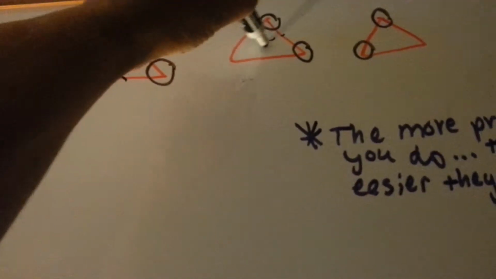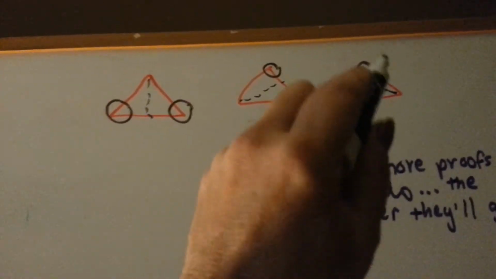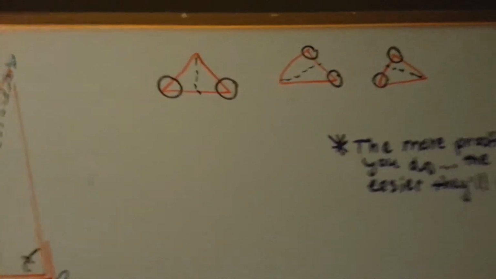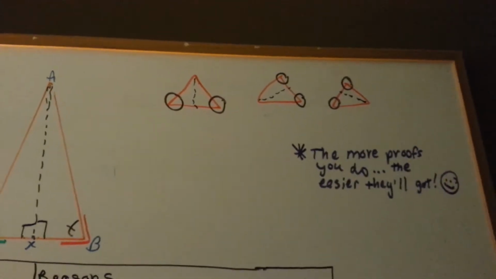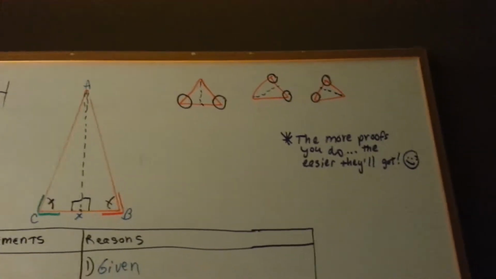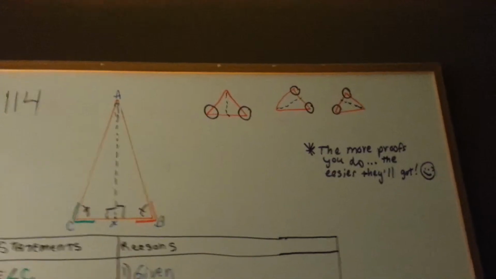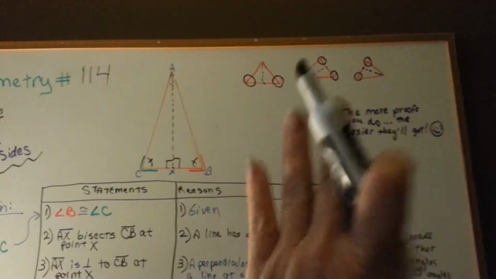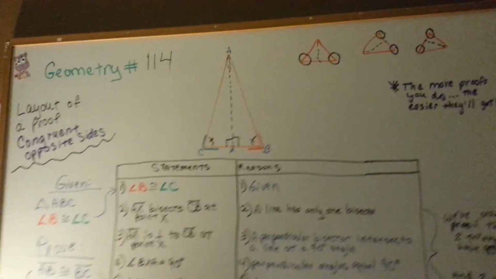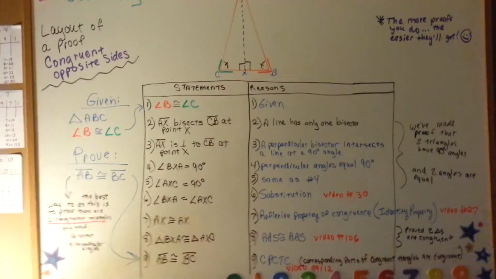And it doesn't matter where you're putting the bisector, as long as you're putting the bisector so that you can say, hey, there's two triangles, and I can use side angle side or angle side or one of those rules, or the corresponding parts of congruent triangles one, to prove that one side is equal to the other side, and you've created two triangles, and it makes it easier to do it. So that's the layout of a proof for congruent opposite sides.